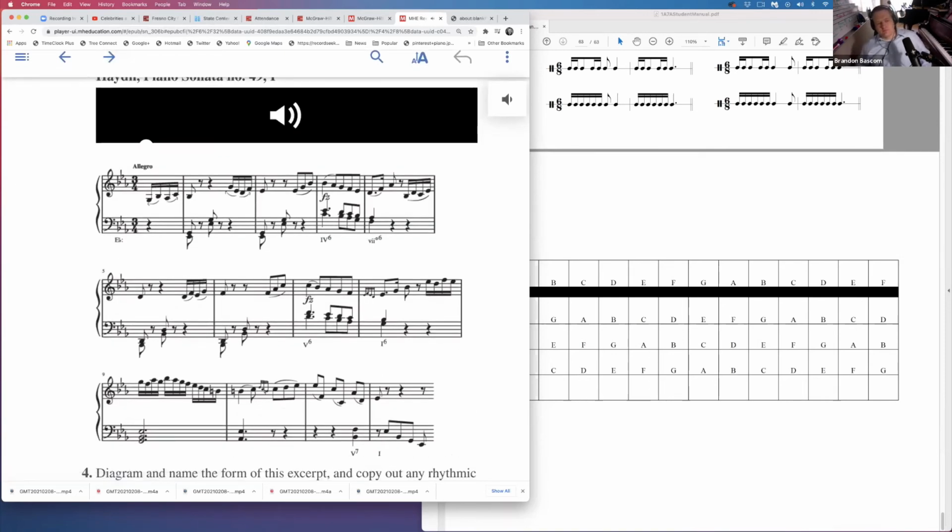Exercise 10-1, B3. Got to be a 6-4. Like a passing 6/4?